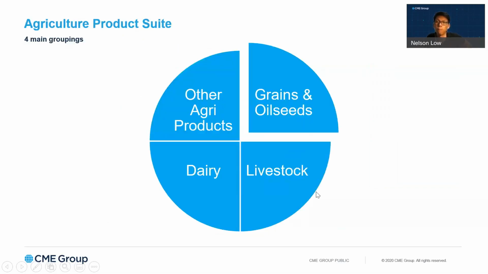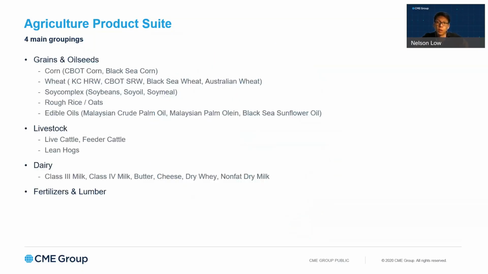And of course, at the CME, we have a suite of different products within the agricultural space, and you'll see that we have broken them up into four main classes: grains and oilseeds, livestock, dairy, and other agri products. Grains and oilseeds is our biggest product suite.